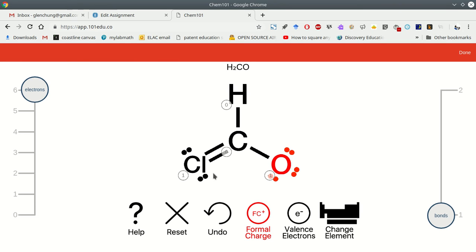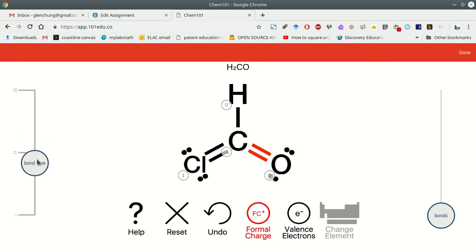Of course, sometimes you're not going to have a choice. Sometimes there are no new patterns to try while following all the rules. But in this case, there is a different pattern to try. I can take off one of the lone pairs from this oxygen and make this a double bond.